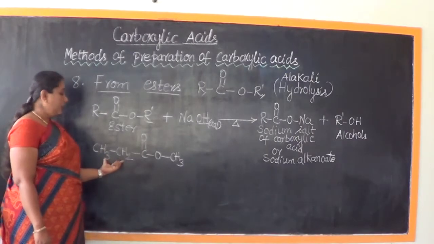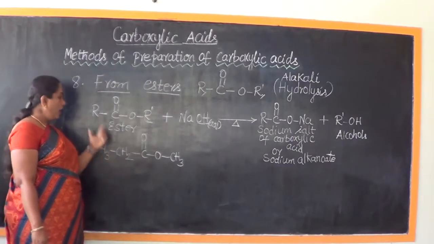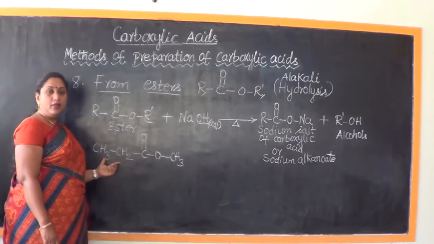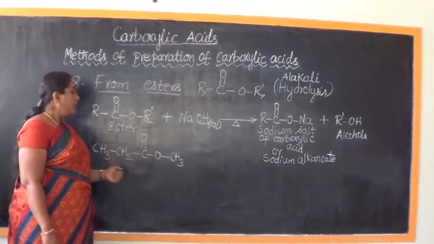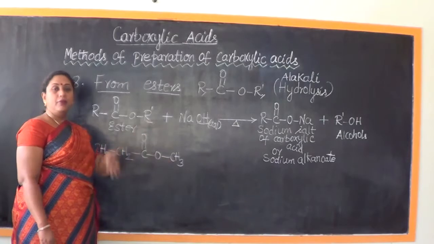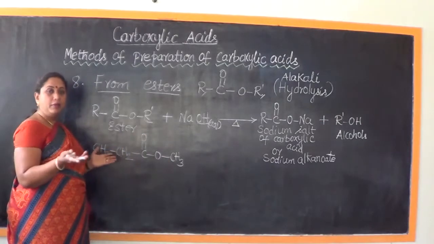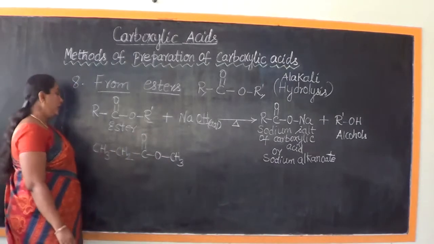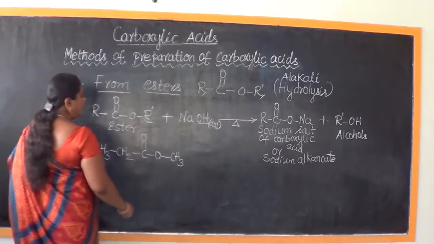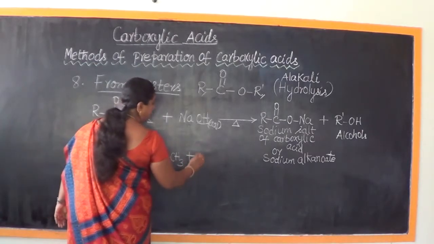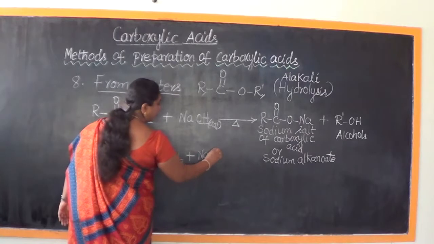You can try writing instead of ethyl a propyl, and instead of methyl an ethyl, that means higher members, and then practice the equations. You will be able to do it without making any mistake. It's my assurance to you.